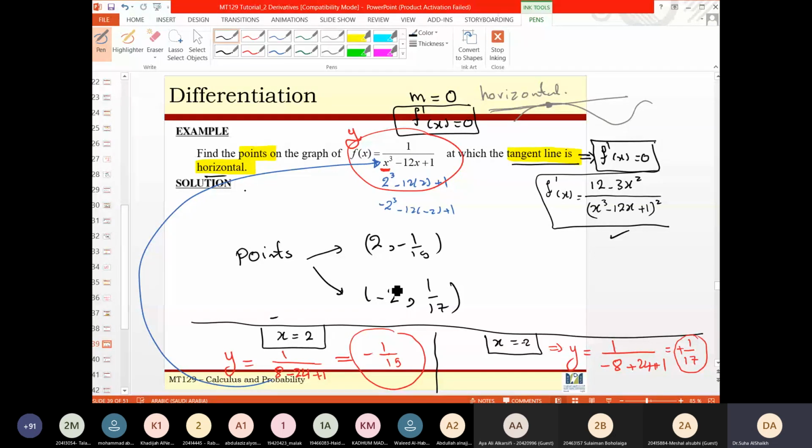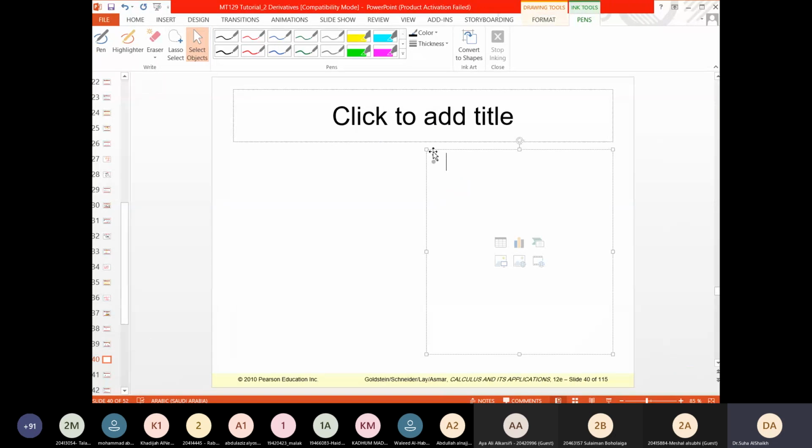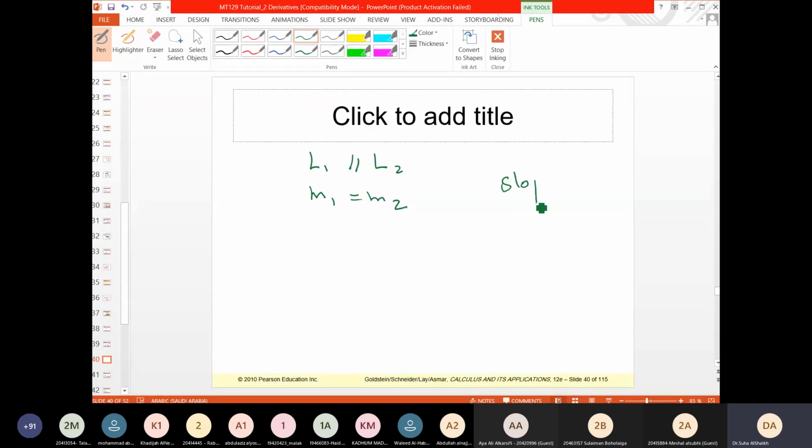Good question, Tala. If it is parallel, if they said the tangent line is parallel to another line, if you remember, if I have line 1 and it's parallel to line 2, it means they have the same slope. Right? What was the slope that you have in the question, Tala? I don't recall the questions in the TMA.